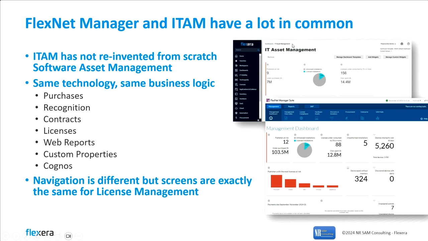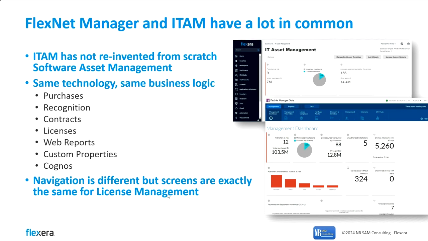Navigation is different. I've put a screenshot of Flexera One on top. So this is a vertical navigation, which is practical when you expand the number of nodes and the processes that you manage. But beyond that, the content of the screens is the same.